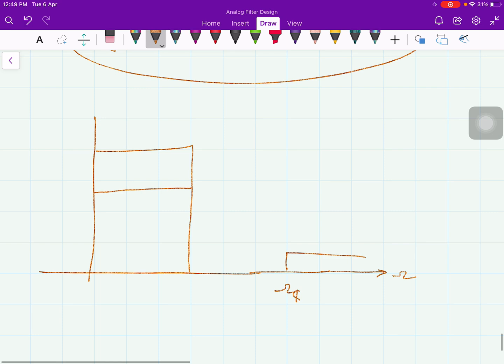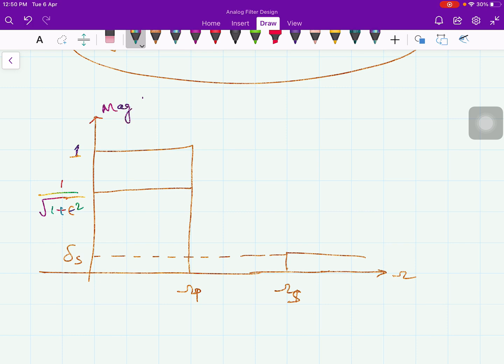This is omega s, omega p, and this is delta p, delta s, and this point is the minimum value 1 divided by square root of 1 plus epsilon square, and the maximum value is 1 normalized to 1. So this is magnitude. Like this.